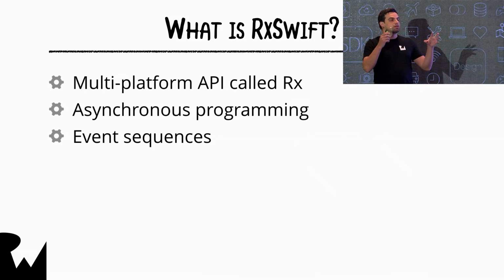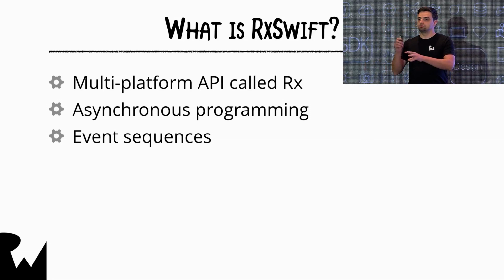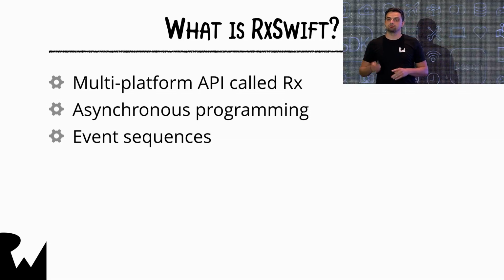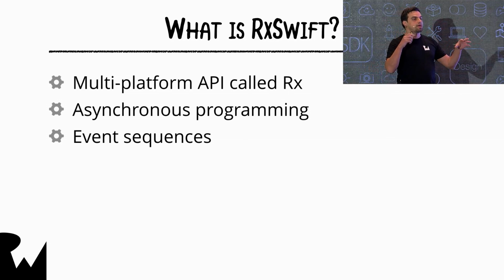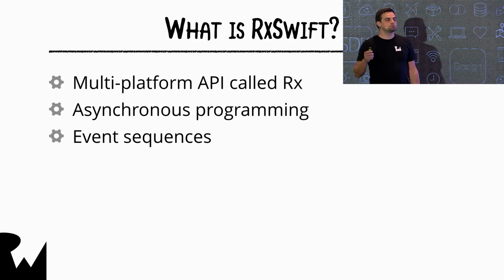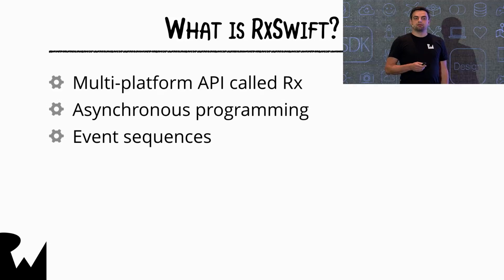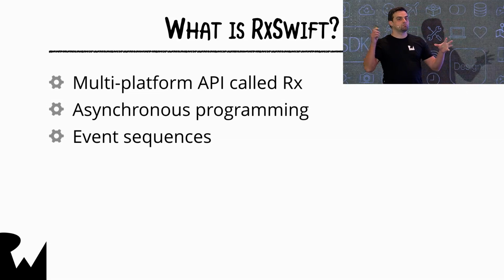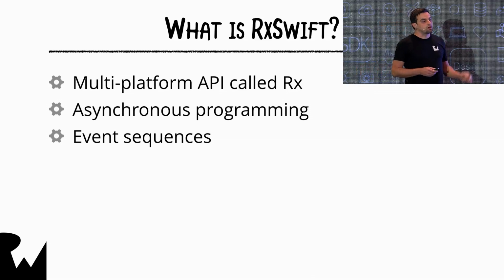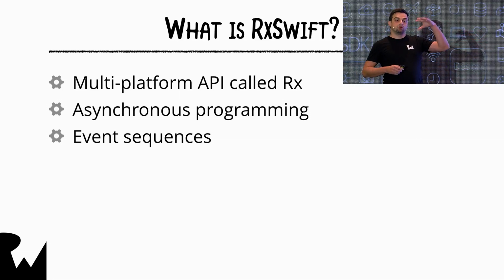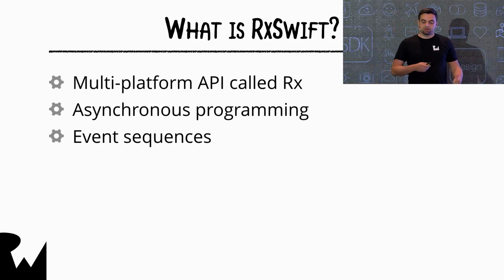So every change in your data, every update you do in some numbers or maybe data models, is converted to an event that other parts of your app might be observing. It works somewhat similar to Notification Center. I hope that all of you have used Notification Center. Whenever something happens, you can subscribe for it, so you are notified. And Rx takes this concept to a whole new level. We're going to see what that looks like in a bit.